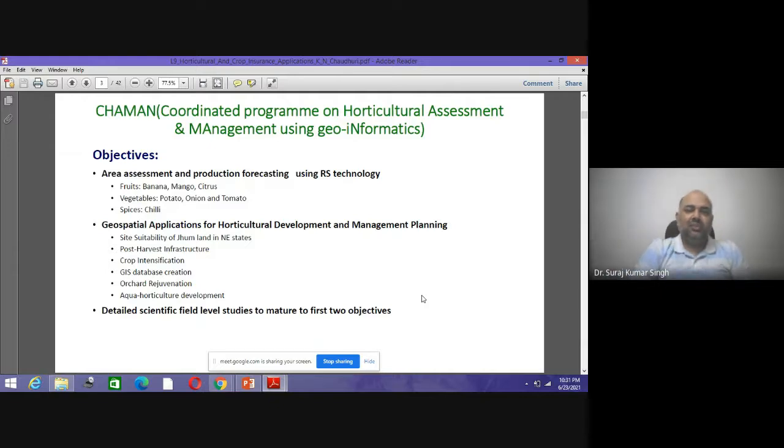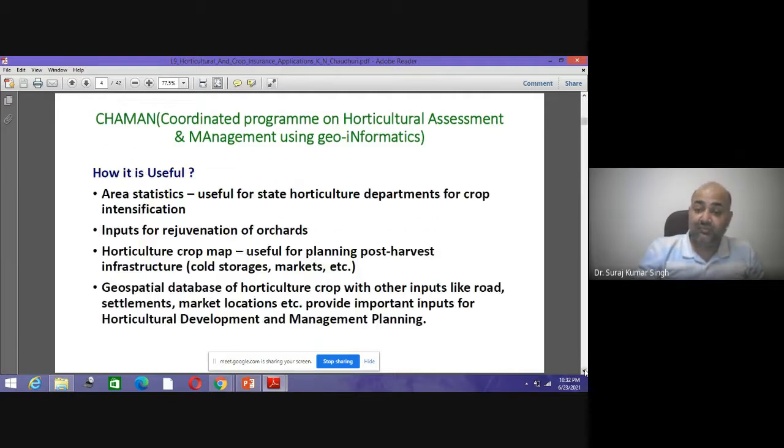For example, if we take the condition of apple, we can see the condition of apple in real time, what the production is, what the status is, and what acreage we are expecting. So all such studies can be done in real time using remote sensing and GIS techniques, and detailed scientific field level studies can be done using this technology.